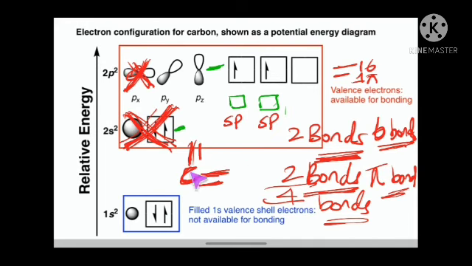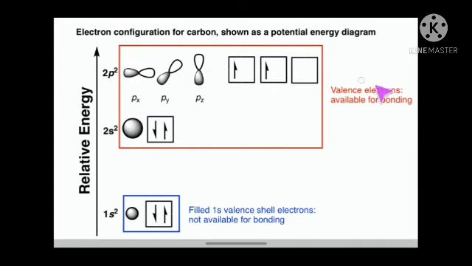So let's talk about sp2 hybridization. In sp2 hybridization, we need one s orbital and two p orbitals. That's why we put 2 here.